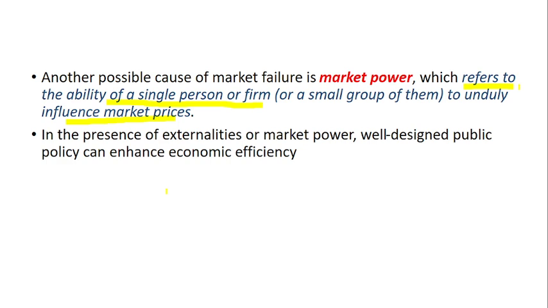So to avoid market power, we need the presence of the government, and market power is an important reason for market failure. So in the presence of externality or market power, well-designed public policy can enhance economic efficiency. And to frame public policy, to make legislations, to ensure property rights, we need the presence of government.